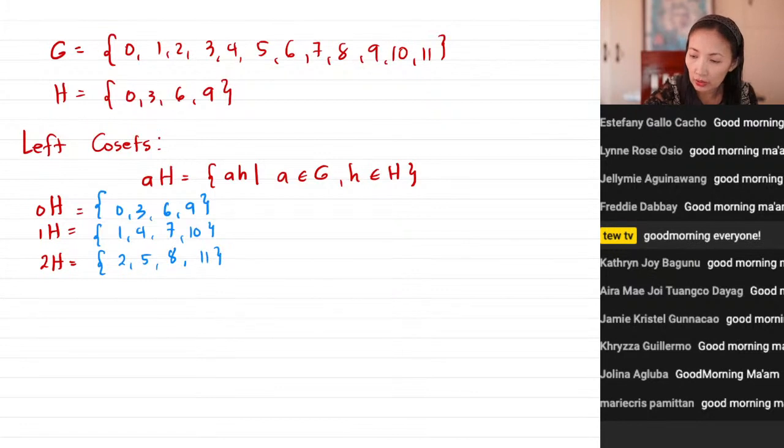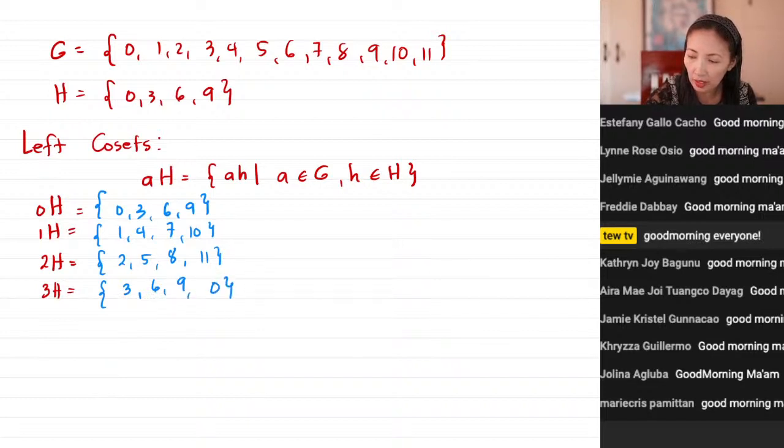And if we continue, 3H, add 3 to each member of H. So we have 3, 6, 9, and 0, which is in fact our H.